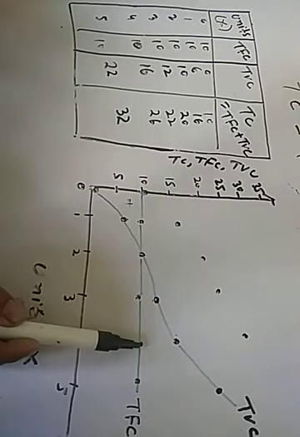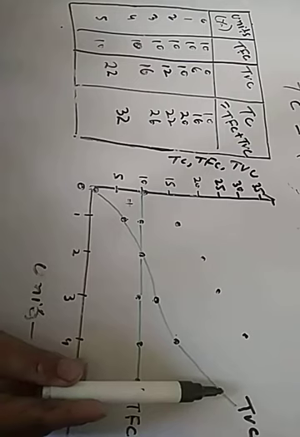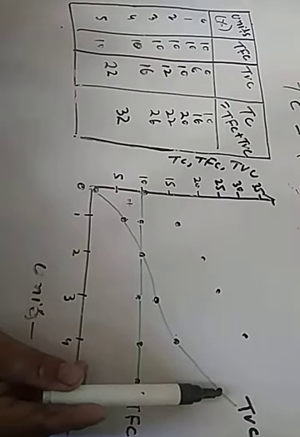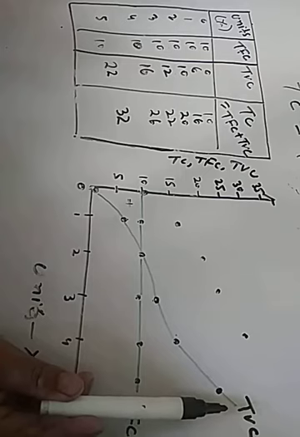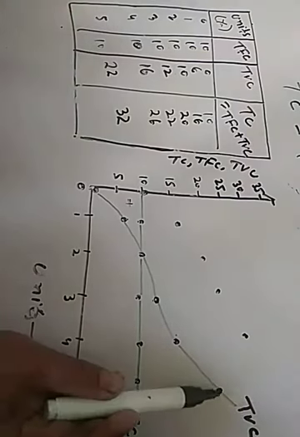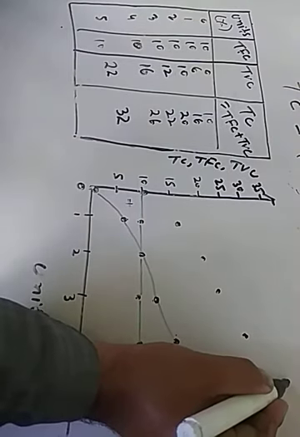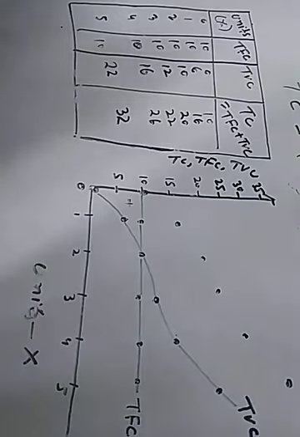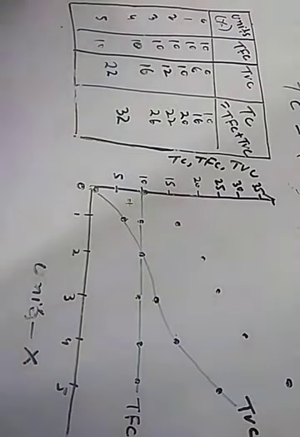These are the pointers: 10 rupees on the fixed cost curve, and this point shows 22 rupees as variable cost, cost of labor, cost of raw material, and it will be 10 plus 22. Vertical addition of these two curves will be equal to 32. 32 will lie here. Now by joining these pointers, we will get a curve known as total cost curve.